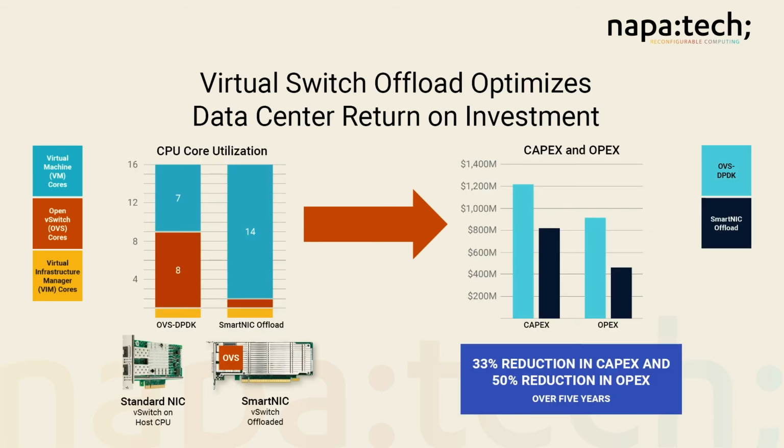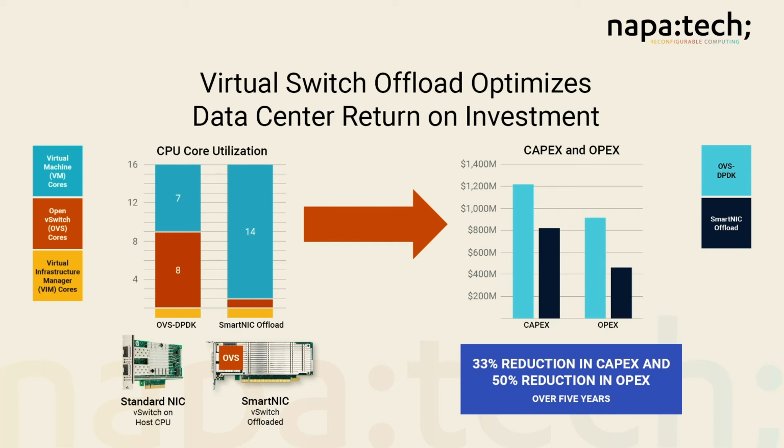And these increases in VM density result in very significant improvements in return on investment, or ROI, for the operators of edge data centers. And Napatech has developed a tool for modeling the improvements in both CAPEX and OPEX for whatever use case scenarios that operators want to explore, based on a variety of assumptions about the use case itself, the CPU, the servers, and the data center, as well as the financial models that are applicable.